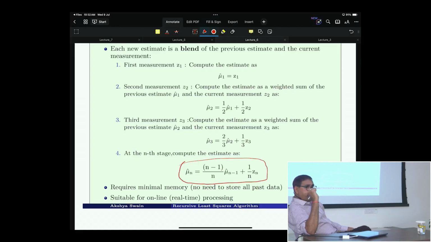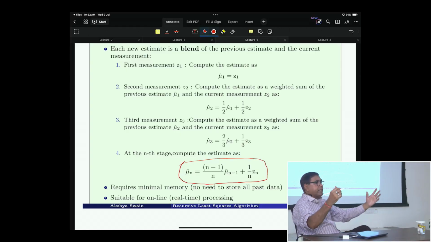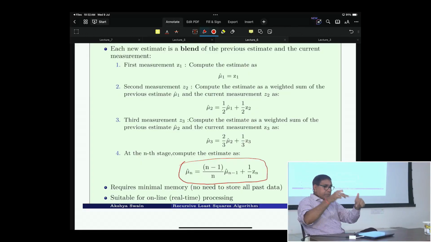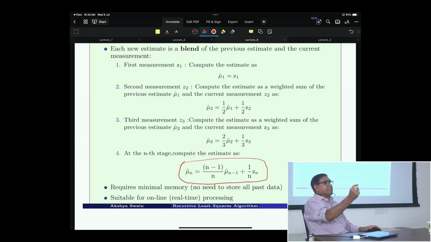Most of the batch processing algorithms, not all, I will tell you, not all, most of the batch processing algorithms, where you take the entire data and do it, can be made recursive by simple algebraic manipulation.